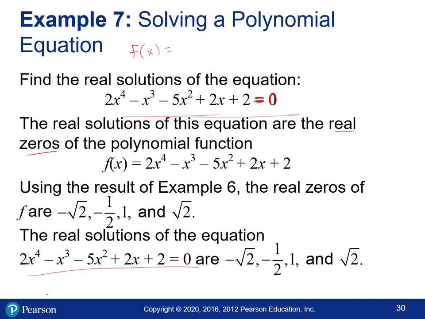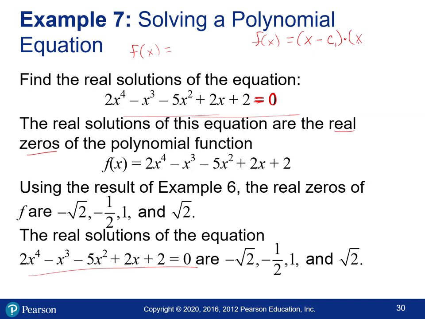Okay, so that's it for this one. And we put together all the things we learned so far to be able to find the real zeros of our polynomial functions and factor them. So to sum that up, we know that if we find a real zero, that number c makes a factor of our function.